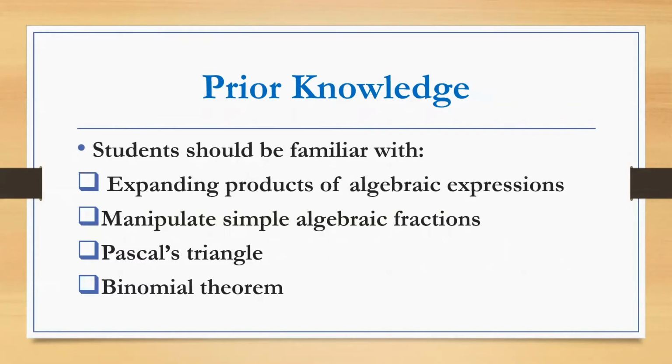The prior knowledge for this lesson: you should be familiar with expanding products of algebraic expressions. You should also know how to manipulate simple algebraic fractions. You should know about Pascal's triangle and the binomial theorem.